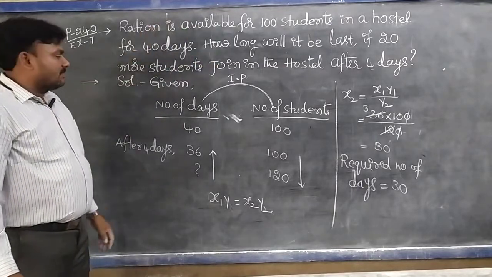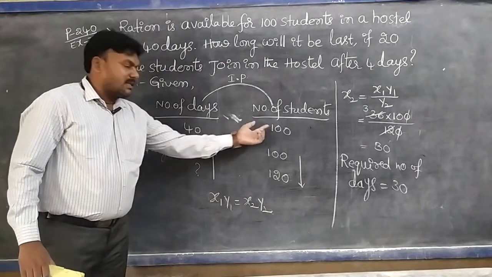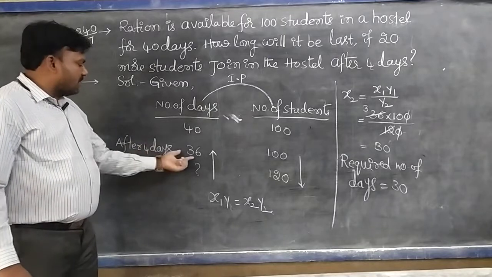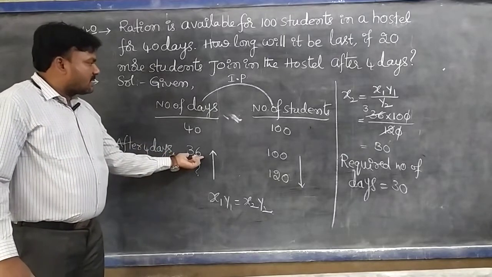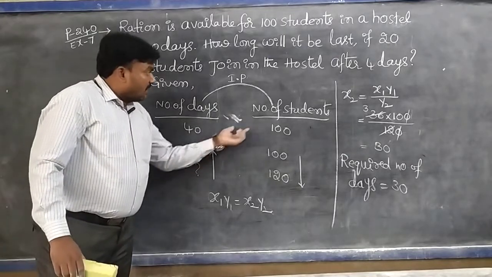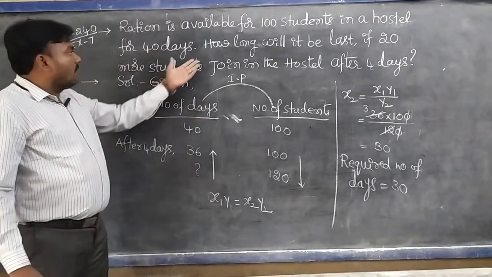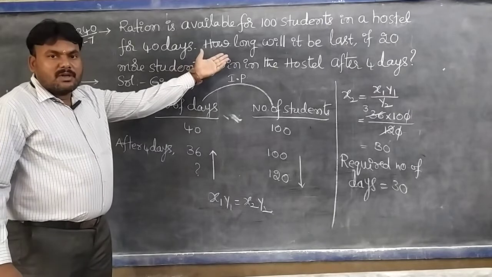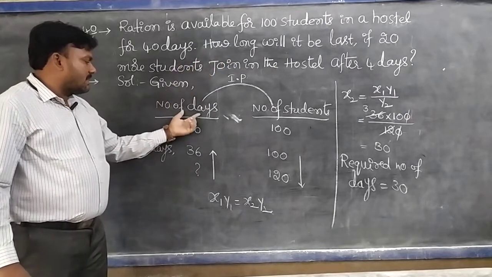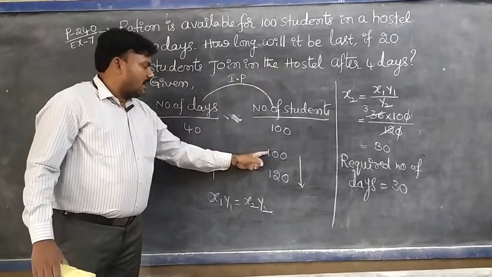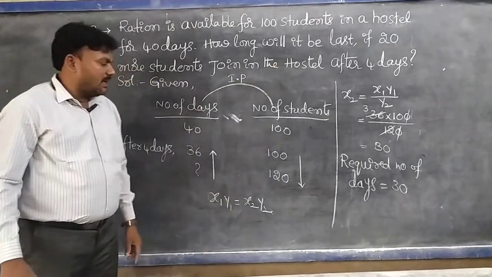first 40 days, 100 students. After 4 days means 40 minus 4, it becomes 36 days. 36 days ration will be available for 100 students. Next one, how long will it last? How long means we can find the time. Time is nothing but days here. So days question mark. Next, 20 students have joined. 100 plus 20 is 120.